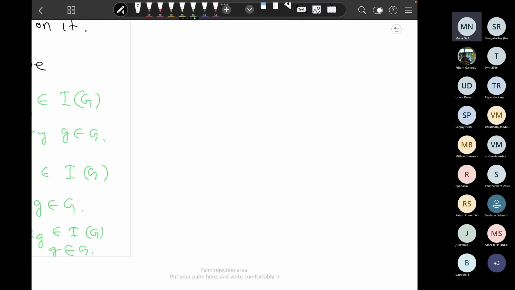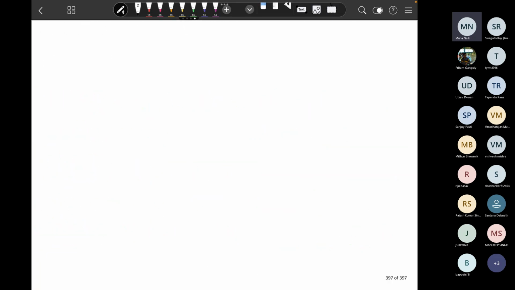Okay, so now let M be a smooth manifold. You know that you can always put a Riemannian metric on a given smooth manifold, and you can put infinitely many Riemannian metrics on a given smooth manifold.